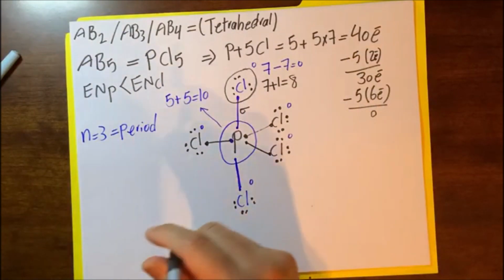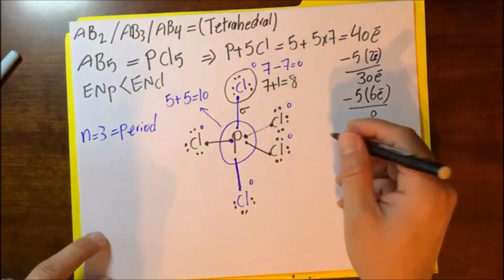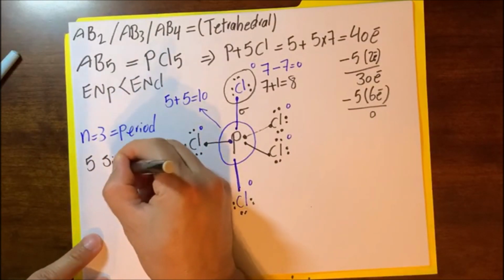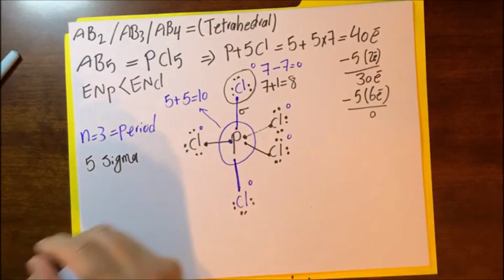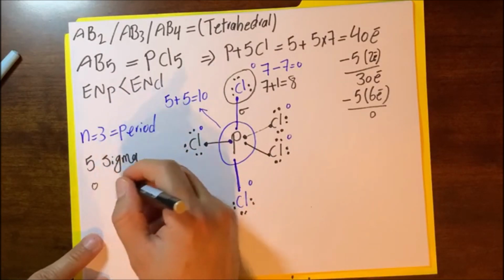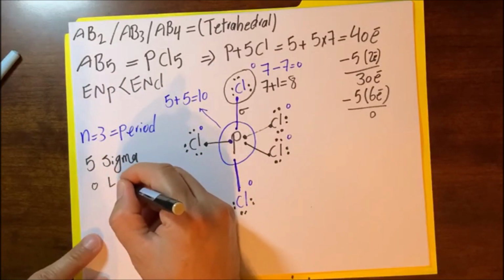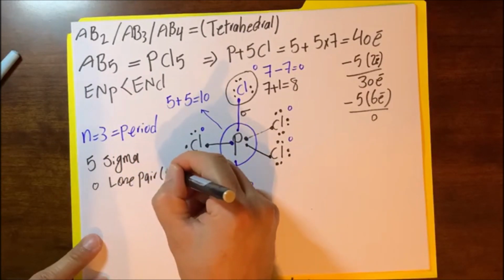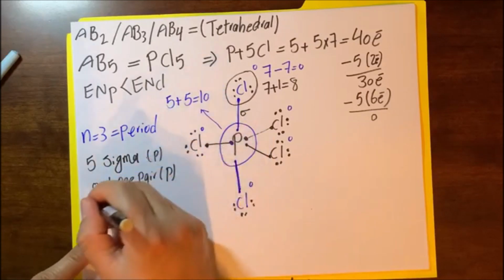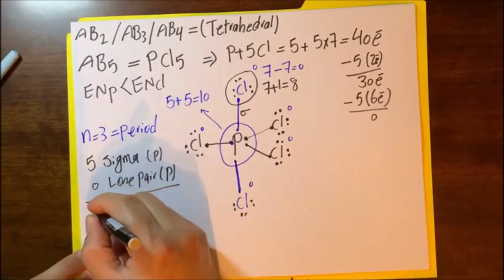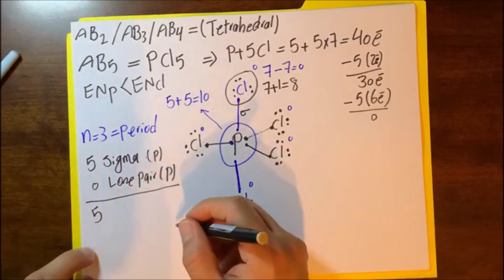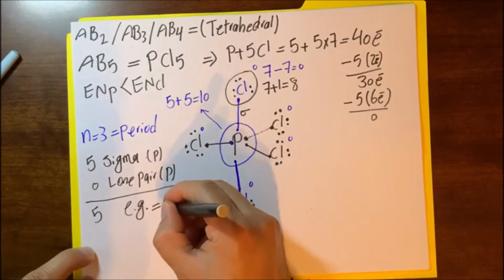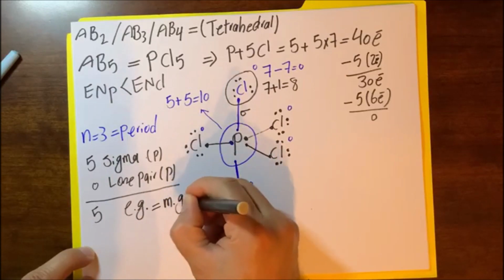Okay, let's talk about the geometries. We have 5 sigma, and we have 0 lone pair on phosphorus. So we got this one equal to 5, and we do not have lone pair, so electron geometry is going to be equal to the molecular geometry.